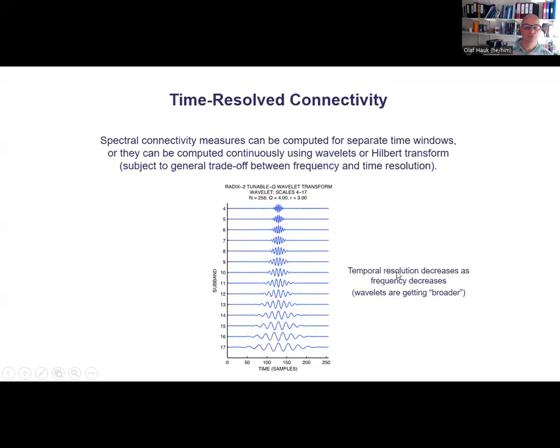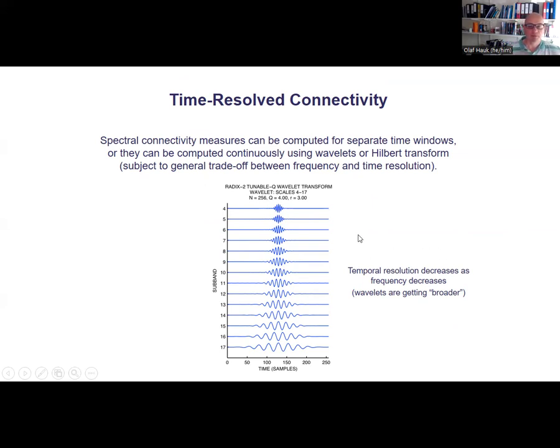Also, nothing prevents you from computing these spectral connectivity measures for wavelets, for example. So if you're interested in sample-by-sample connectivity, well, compute wavelets. I mean, they basically give you an amplitude and a phase for every sample. When I introduced wavelets for the time frequency analysis part, we ignored the phase.